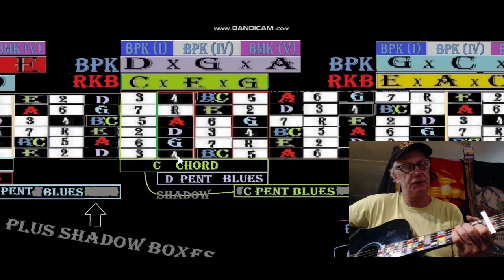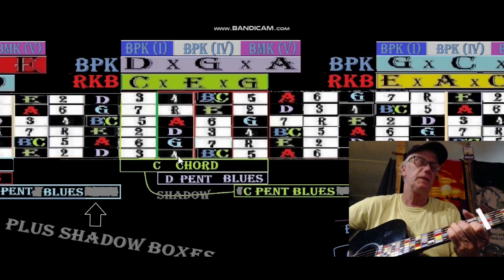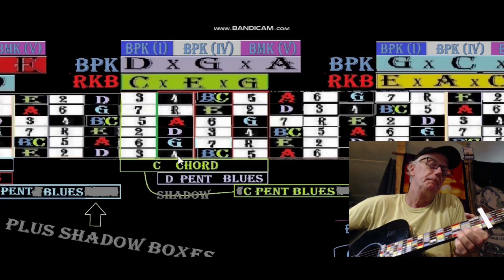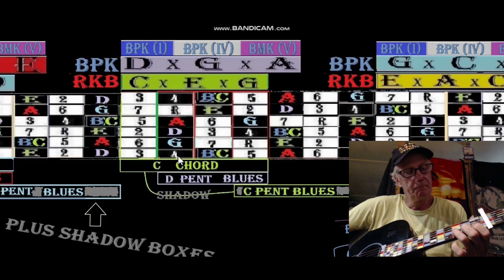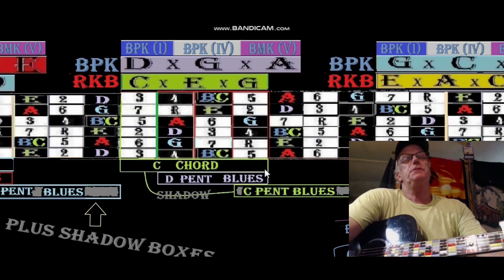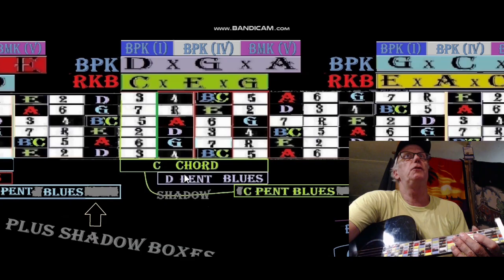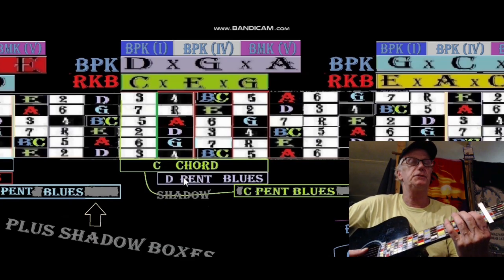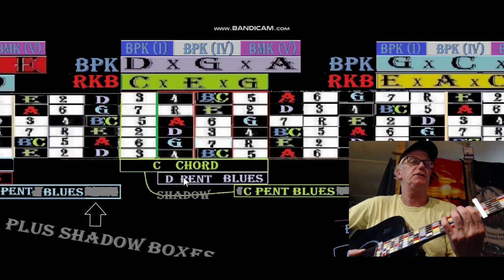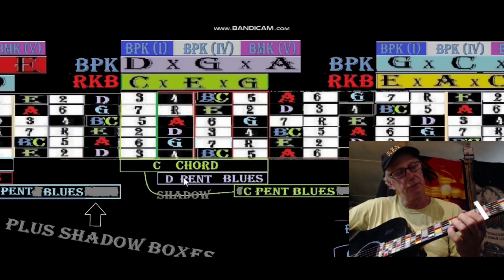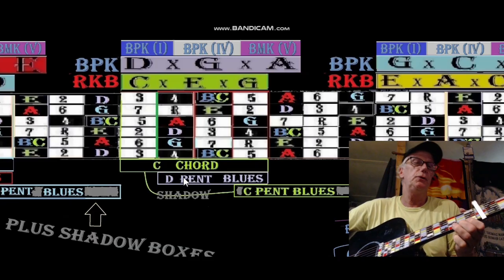So what we've got is, here's our C, and then D. The blues note is the same note, but it becomes a different string shape, because remember we started on this 4 for the D pent blues, but we're doing it D pentatonic, so D pentatonic is 2, 3, 5, 6, root, 2, 3, 5, 6, root, 2.